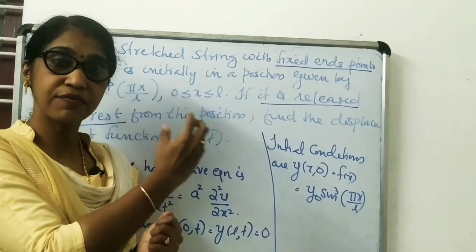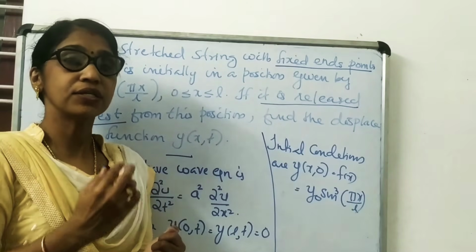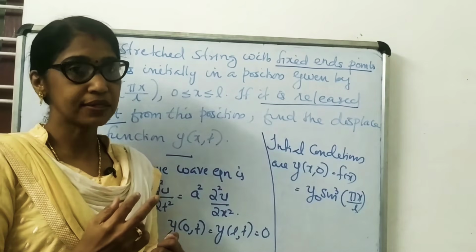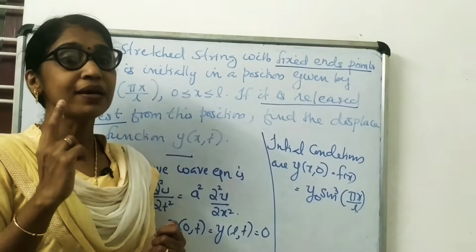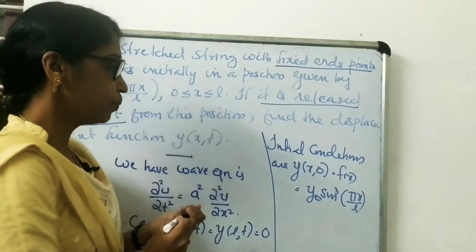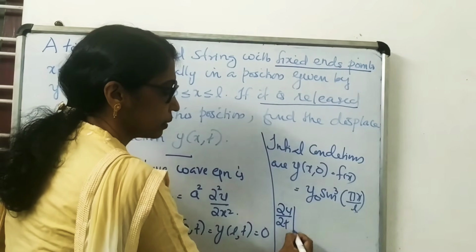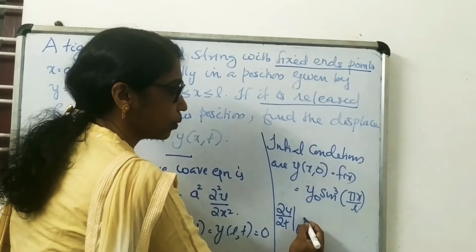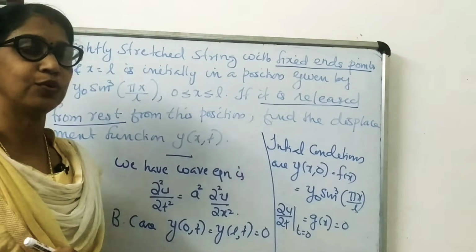From that point, we can write the initial velocity, that is dou u by dou t at t is equal to 0 is equal to g of x, and that g of x will be 0 since it is released from rest. So initial velocity dou u by dou t at t is equal to 0 is equal to g of x, and this is equal to 0.